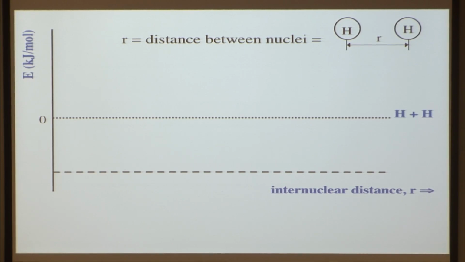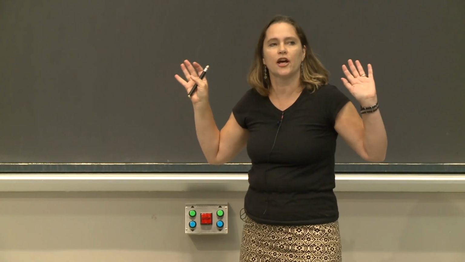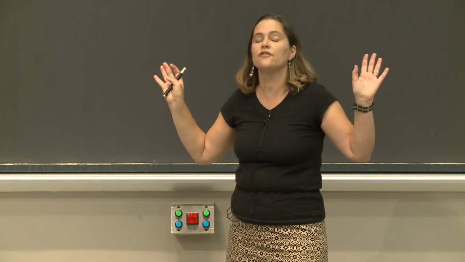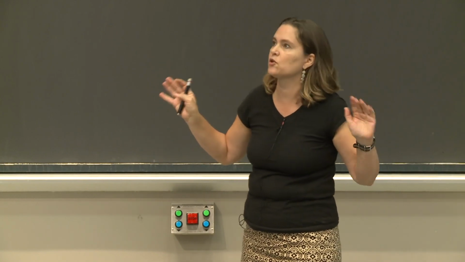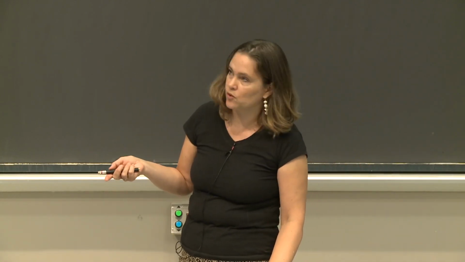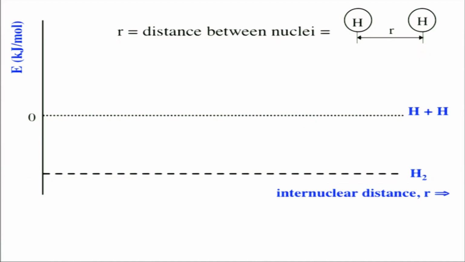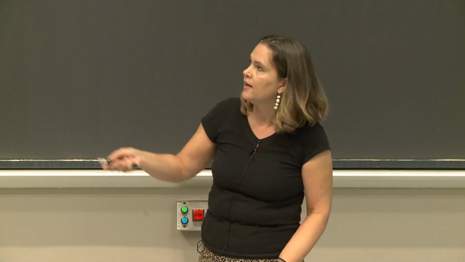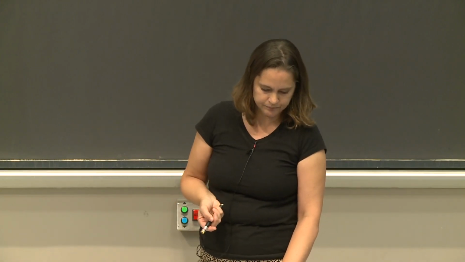So at 0 energy, we just have the hydrogens by themselves. They're not interacting with each other in any kind of way that lowers either one of their energies. There's no interaction, no energy change. Down here at this dashed line, we do have a bond. So we formed H2. The hydrogen atoms are interacting with each other, and this is lower in energy.